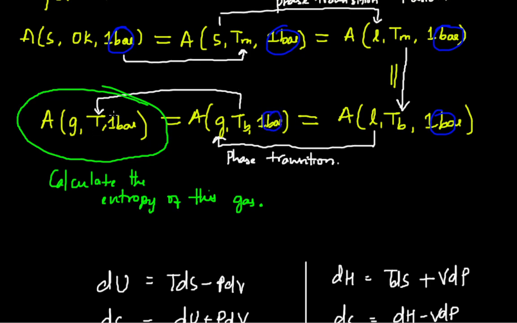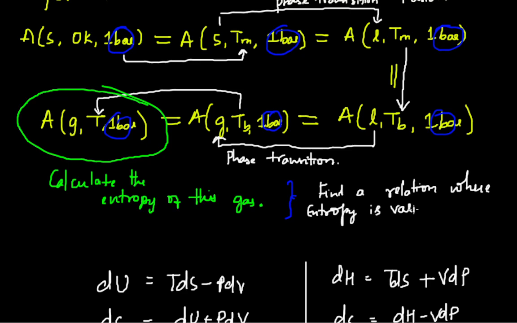You want to find a relationship where entropy is varying with temperature and pressure is constant.